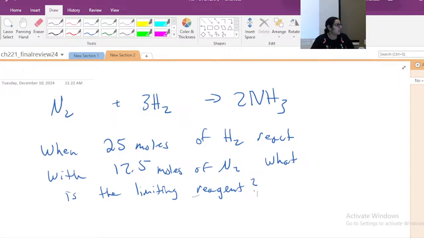So how would we do that one? You have to find the atomic mass of each molecule first for the formula. So we'll let people think about that.